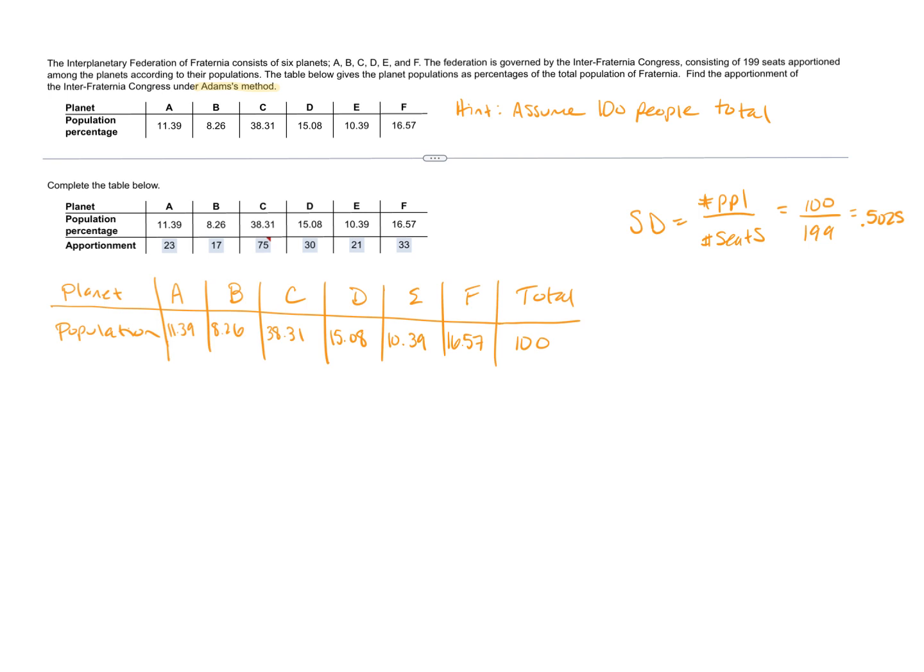Now I'm going to add to this table my standard quotas. You get the standard quotas by dividing each state's population by the standard divisor. So 11.39 divided by 0.5025, and you get 22.67.